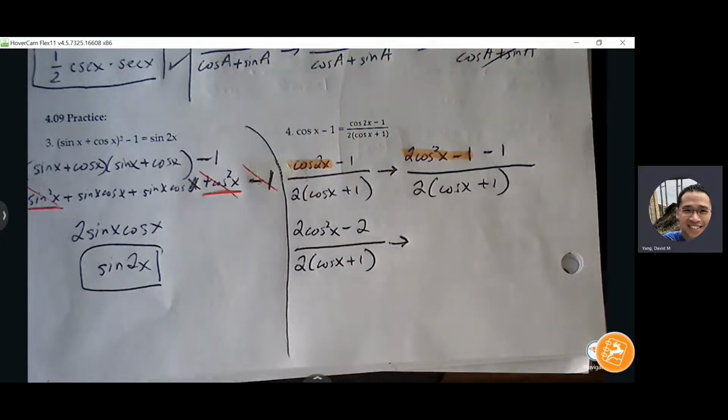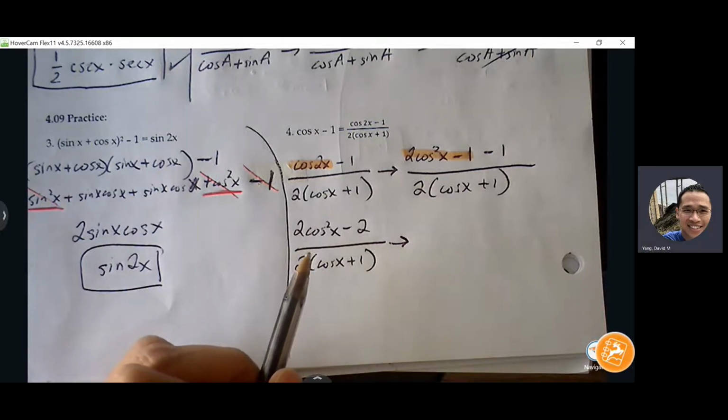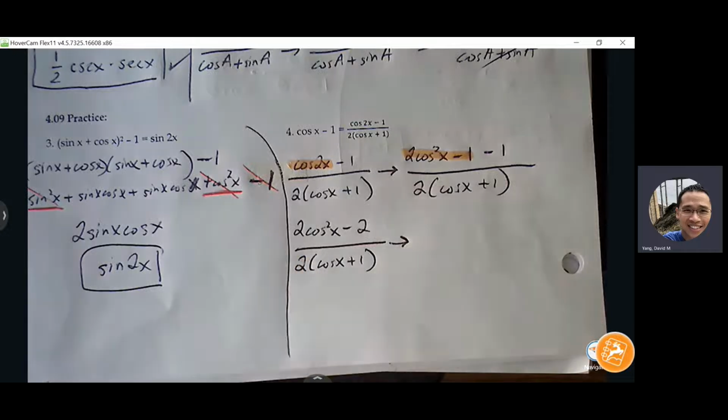I feel like you guys did really well on the quiz, but I did notice that sometimes your steps are not as efficient as they could be, which is fine. It's just that it's taking longer for some of you to get to your answer. And I think a lot of it can be solved if you look for GCF.